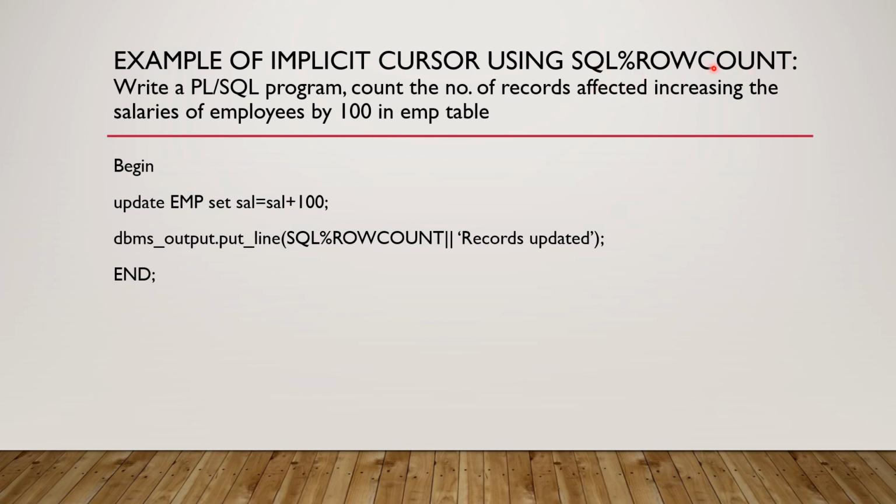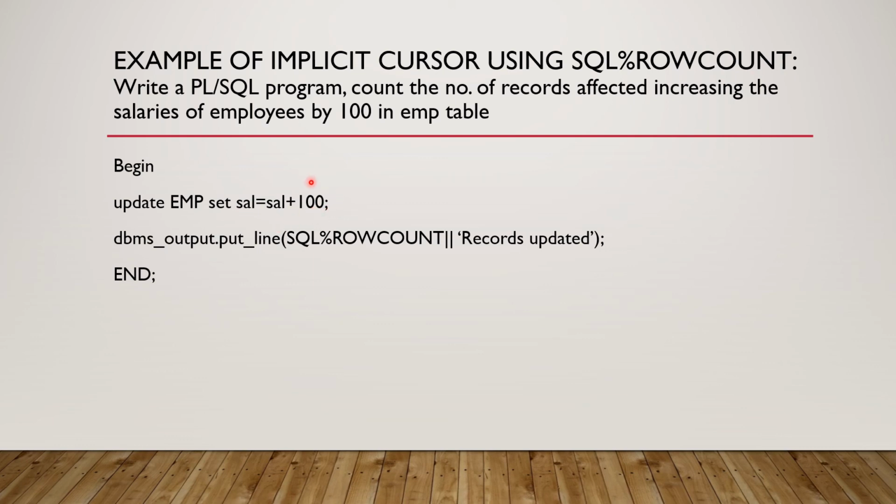ROWCOUNT is basically used to count the number of rows, right? So write a PL/SQL program to count the number of records affected by increasing the salary of employees by 100 in the emp table. So we are having an emp table and we are increasing the salary of every employee in the table. For that, in the begin section, we are writing an update command, UPDATE emp SET sal = sal + 100.